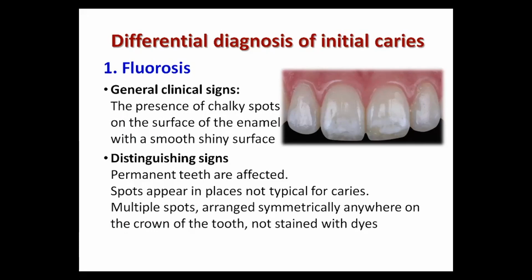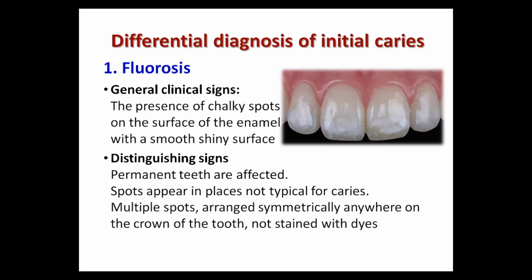Differential diagnostic of initial caries. There are two main diseases which are similar to initial caries. First disease is fluorosis, and there are some general clinical signs. They are similar because of presence of chalky spots on the surface of enamel with a smooth, shiny surface.